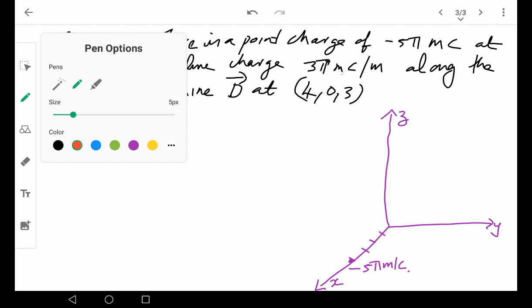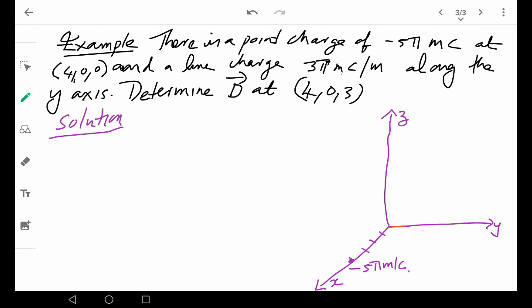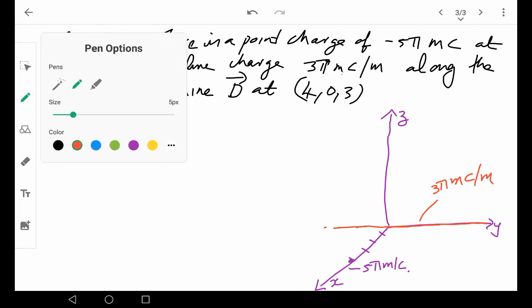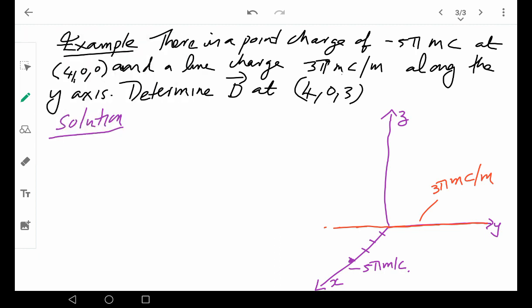It's extending along the y-axis. So this is 3π millicoulomb per meter, right? Now you are asked to find out the electric flux density at the point (4, 0, 3). So you have a point at (4, 0, 3), for x is 4, y equal to 0 and z equal to 3.